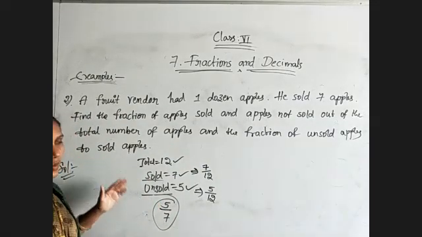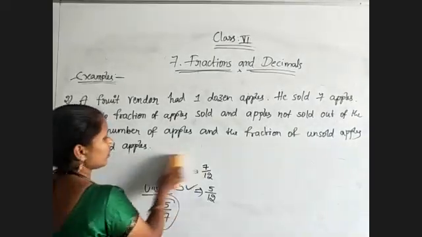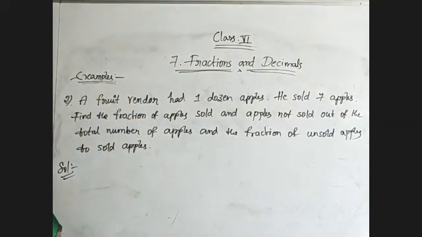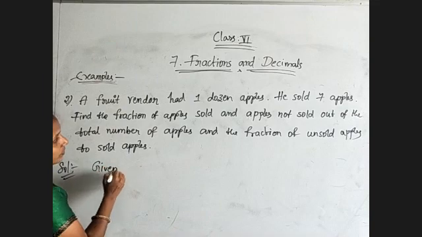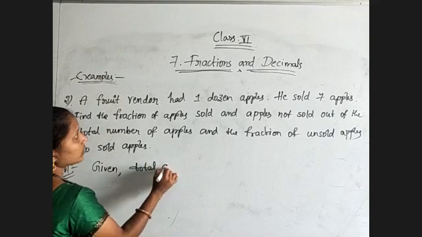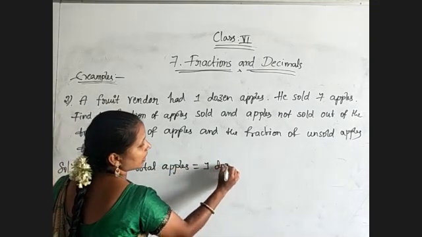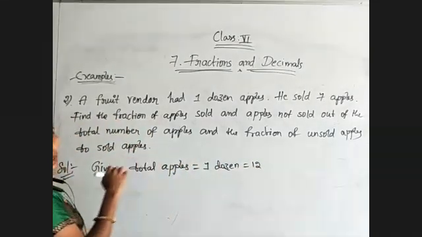Okay, so this one we will write in words. First write down properly what is given. Given: total apples is equal to 1 dozen. Total apples equal to 1 dozen, that is nothing but 12. Okay. He sold 7 apples.